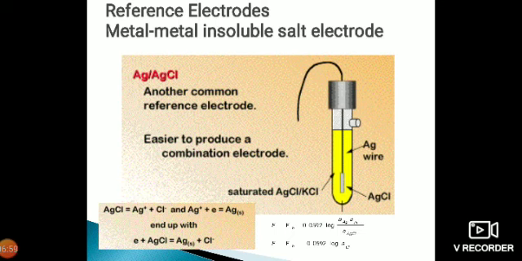This ends up with the reaction e plus AgCl equals Ag plus Cl minus, and EMF equals E0 minus 0.0592 into log of activity of silver into activity of Cl minus divided by activity of AgCl.